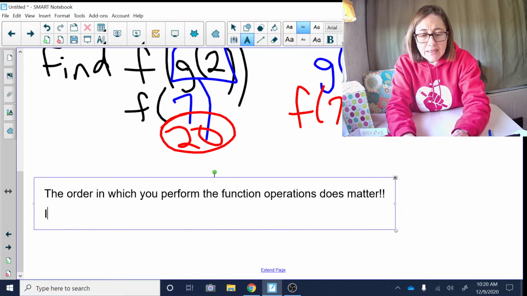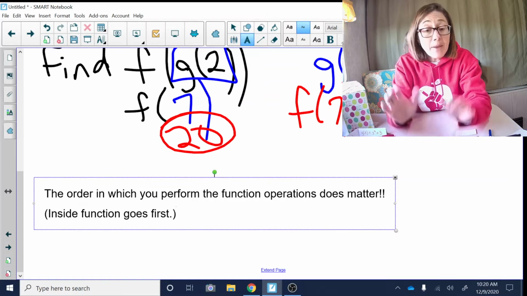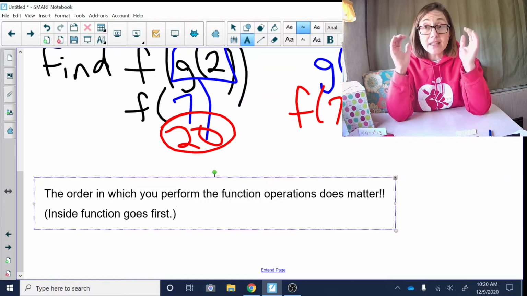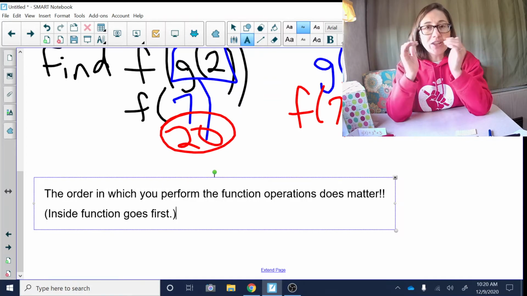Inside goes first. Inside function goes first. Same idea that you saw with parentheses, the round kind and the square bracket kind, you did the inside one first.